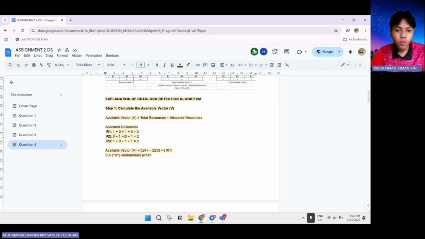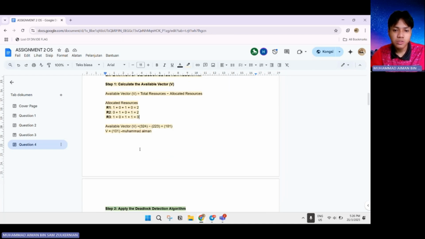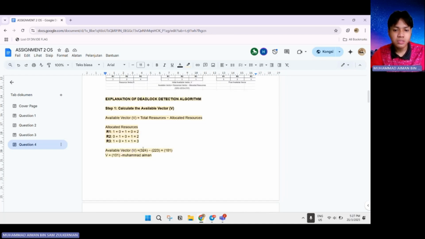For R2, 1 plus 0 plus 1 plus 0 plus 1, so 2. For R3, 1 plus 0 plus 1 plus 1, so 3. So total resources 3 2 4 minus allocated 2 2 3 equals 1 0 1. The available vector is 101.